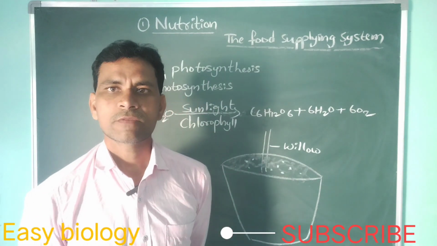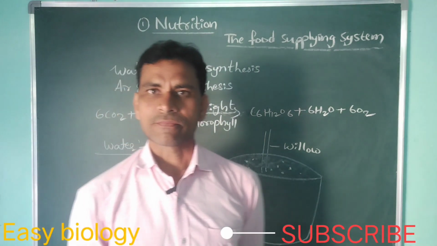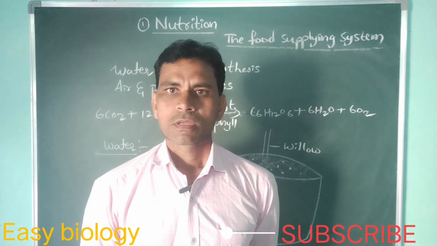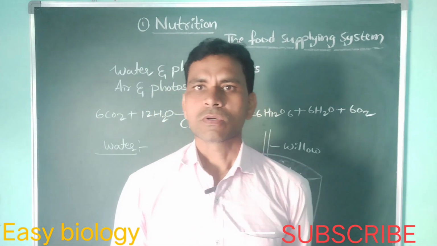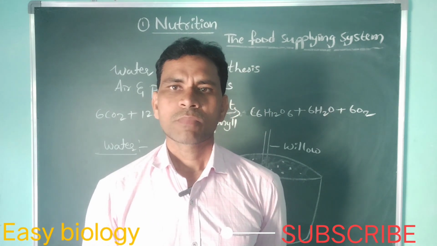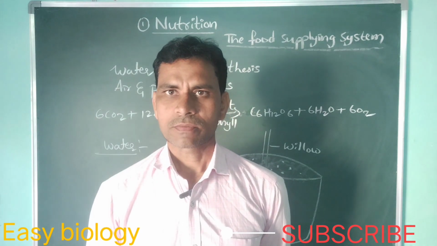So what did he finally conclude? The plant mass is increasing due to water. At the time he didn't know. Later we learned that water alone is not important for photosynthesis, other materials are also required.